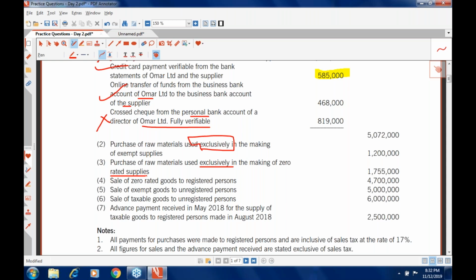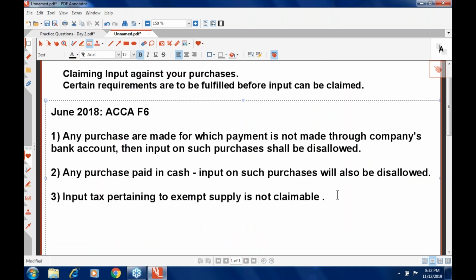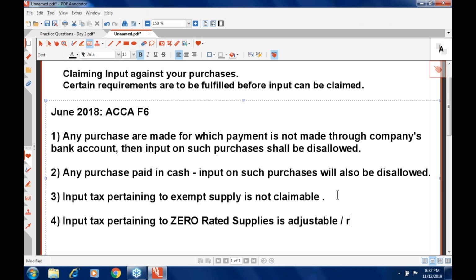You will be allowed to claim the input. Now remember one thing: the input tax pertaining to zero rated supplies is adjustable/refundable.